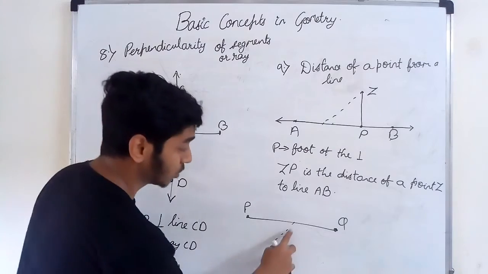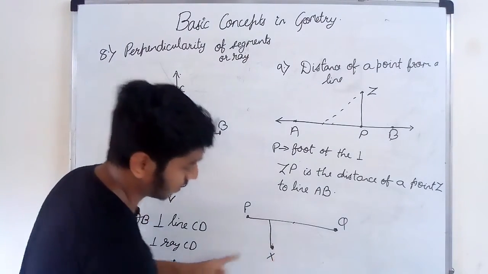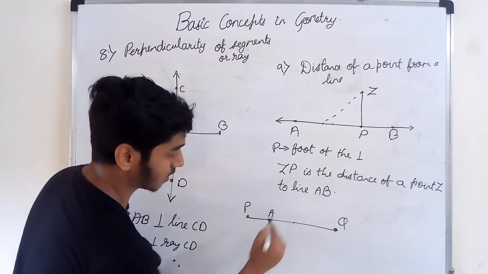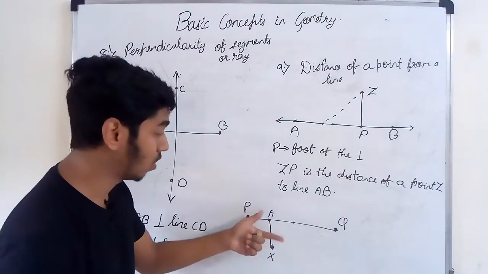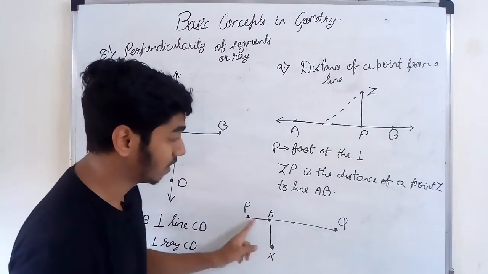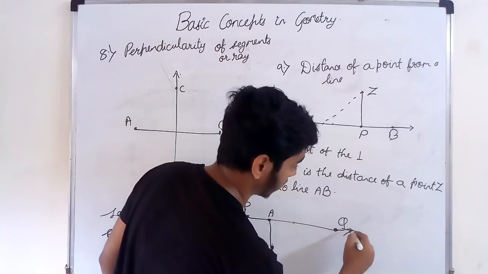So it's always a line which is perpendicular. So we can say this is A. So AX is the distance of a point from line PQ.